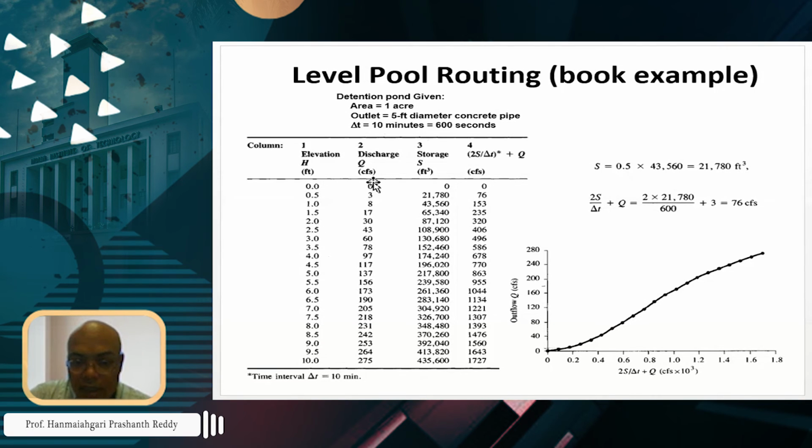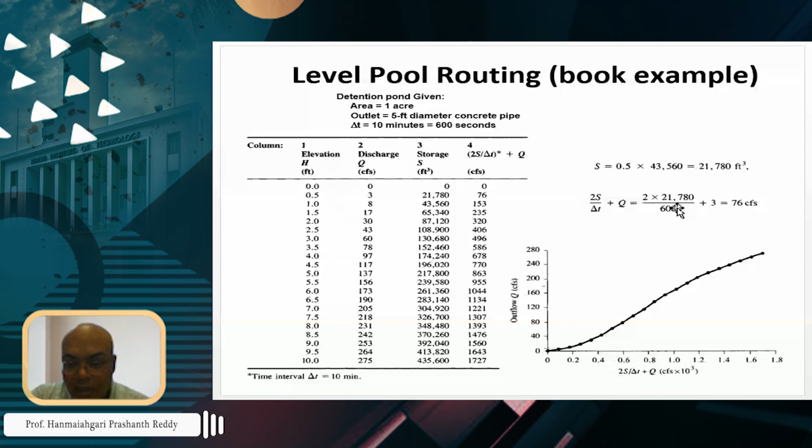Then the outflow discharge is given in this problem, but it can also be calculated from the relation between Q and H. Now we need to find 2S by delta T plus Q. For every row, S is known and Q is known, but delta T is taken as 10 minutes, because delta T is taken from the inflow hydrograph, where the time interval is given as every 10 minutes. 2S by delta T plus Q is calculated as 76 CFS for 0.5. Similarly, we can do it for 1, 1.5, etc.